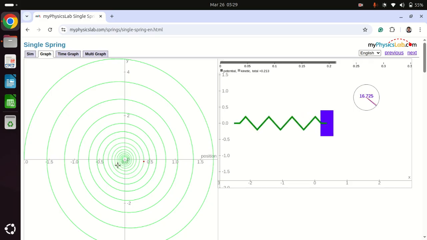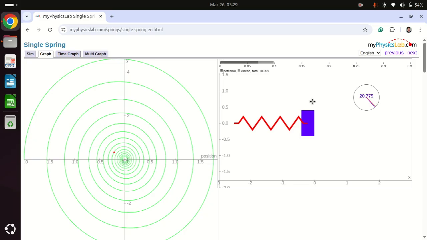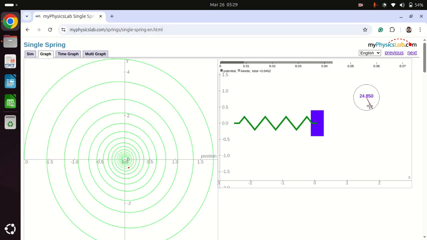Here in this graph, this is x and this is y position, and here you can see the timer. And this is nothing but the total energy is going to decrease, that is also shown here, and after some time it will reach 0.